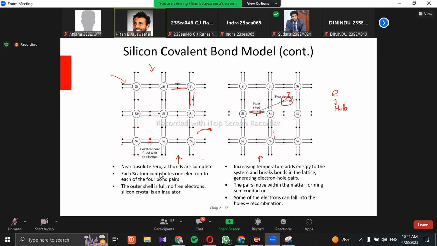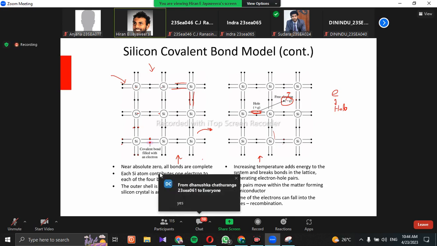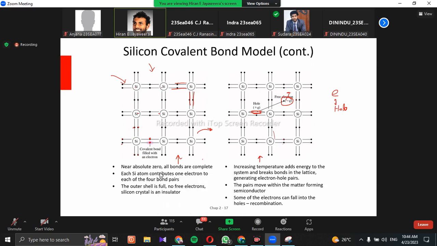Right. So when you have a pure material like silicon, whenever you create a free electron, at the same time you create a free hole. So basically the number of holes and the number of electrons are the same. Now, electrons, of course, you can see they are free. You can move them here and there. Let's see how holes are moving.